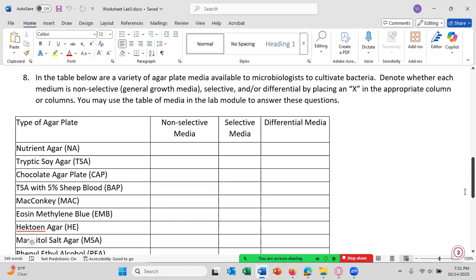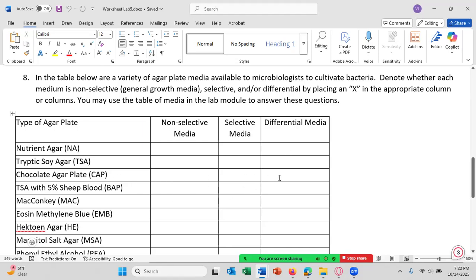8. In the table below are a variety of agar plate media. Denote whether each medium is non-selective, selective, or differential by putting an X in the appropriate box. I will warn you that some of them have 2 X's for the media.